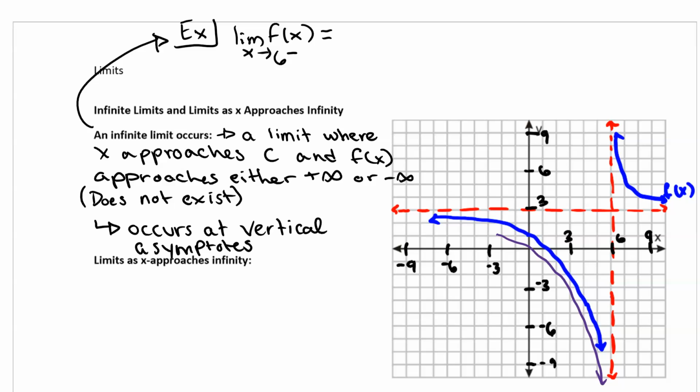So that limit is going to be negative infinity or does not exist.